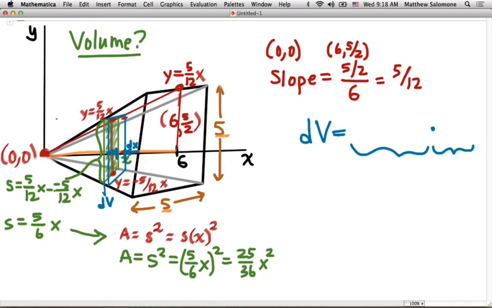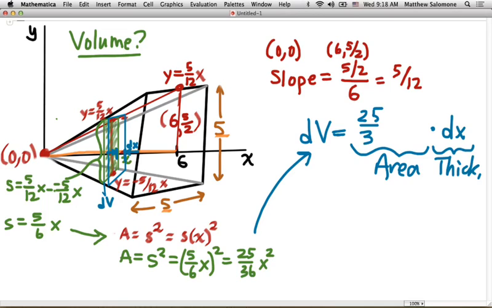Just multiply them together. The area of the slice times the thickness. Our thickness is what we call dx. And our area is this expression that we had from down below, 25 over 36 x squared. And this is how much volume we have in this one teeny tiny little slice.